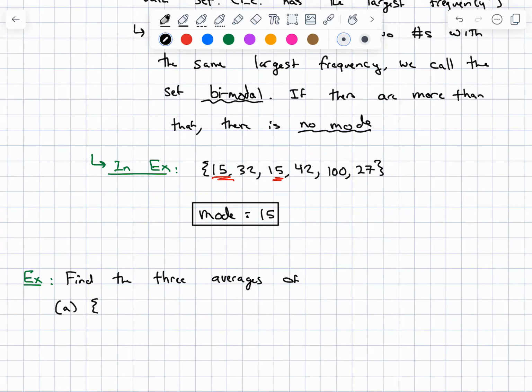Find the 3 averages of 10, 33, 50, 50, 76, 81, 50, and 11. Once again, that's 10, 33, 50, 50, 76, 81, 50, and 11.